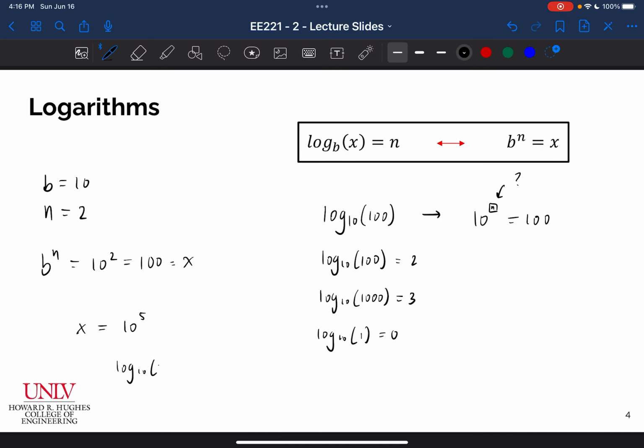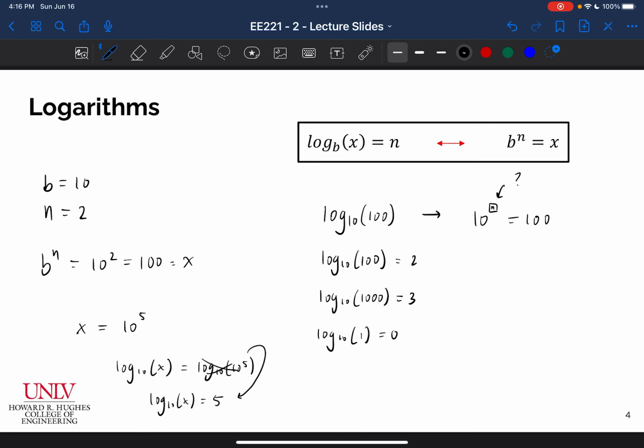So log base 10 of x is equal to the log base 10 of 10 to the 5, and the log base 10 and the 10 are inverses of each other and they go away, and I just get that the log base 10 of x is equal to 5. Okay, so that's just an example of the log and the exponential being inverses of one another. The logarithm function cancels the exponential function, and I just get the 5 to pop out.